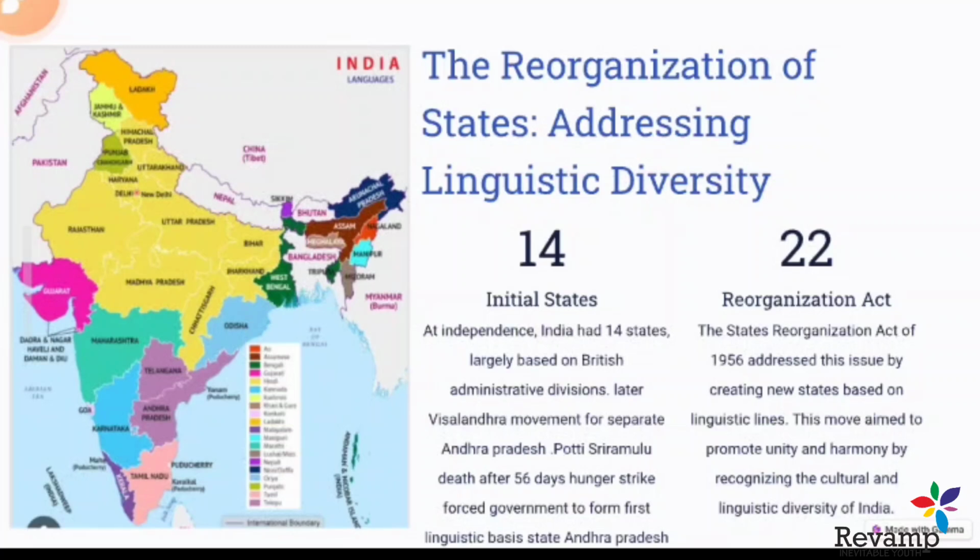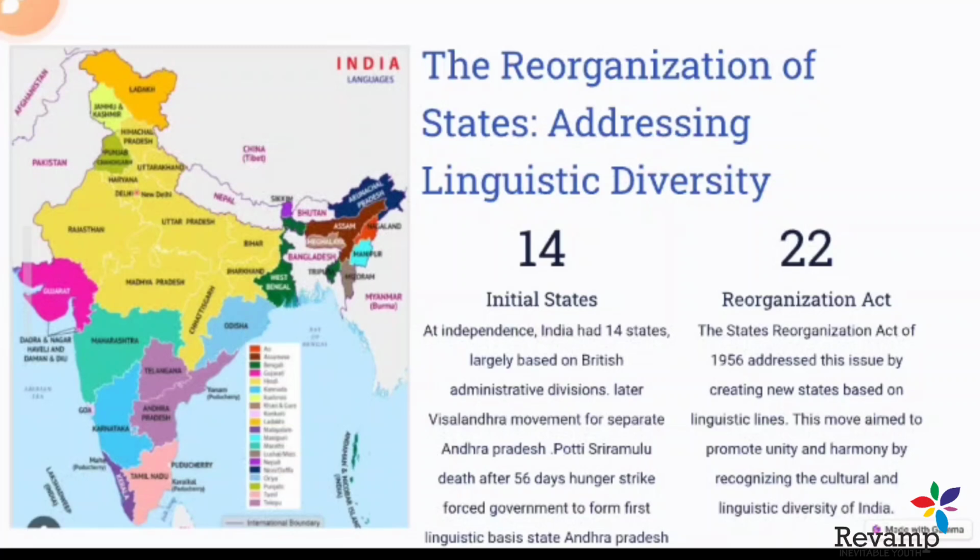But protests by a lot of national leaders started. First was the Telugu speaking area in the old Madras Province, which is called Tamil Nadu at present. One protest was called the Vishalandhra movement, the movement for a separate Andhra Pradesh.